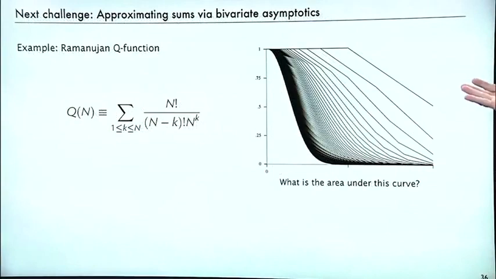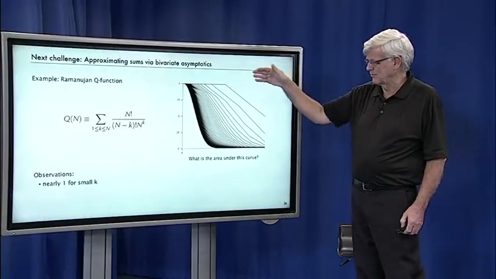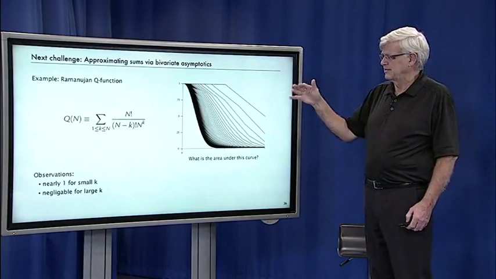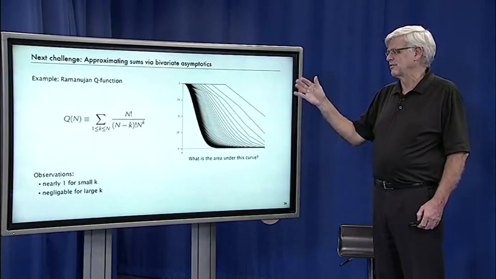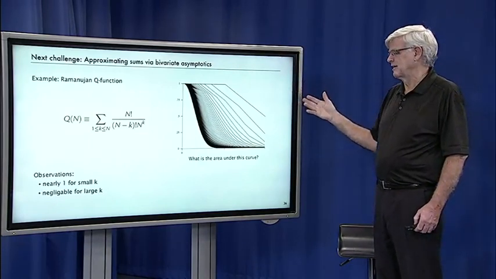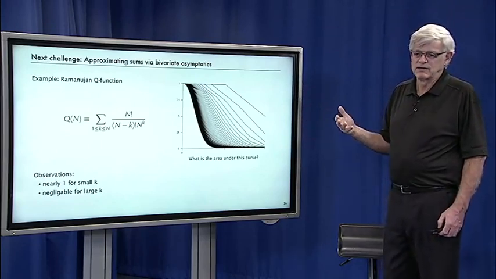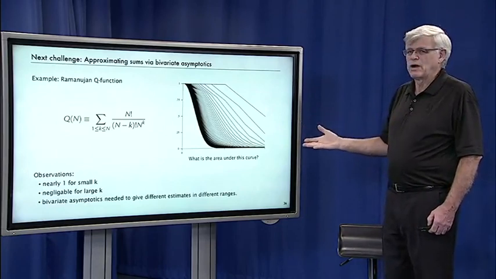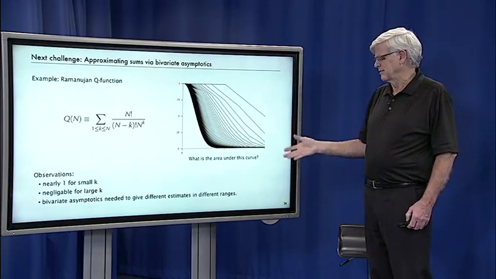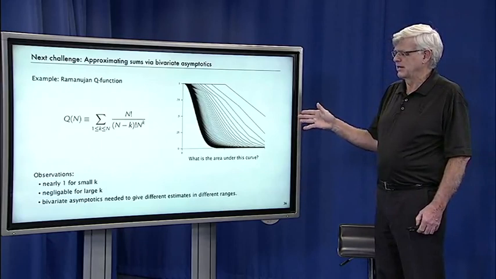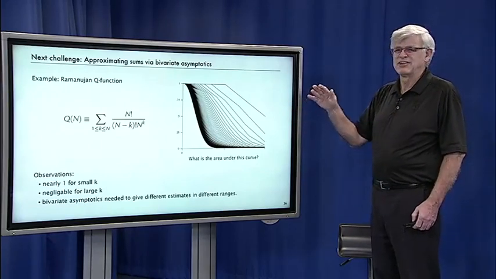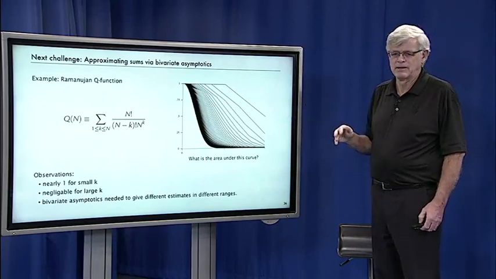And the challenge is that it's nearly 1 for small k and it's negligible for large k, so we're going to need to use different approximations in different parts of the range to get the answer. This is a very typical situation. So that's why we need bivariate asymptotics to make sure that we can have good estimates in the whole range that we can use to estimate the sum.